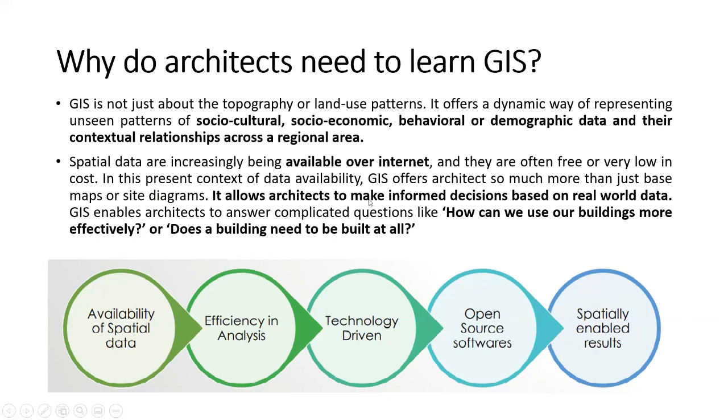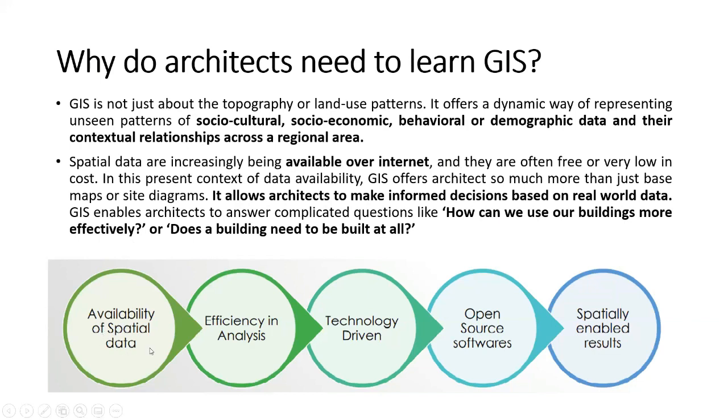It allows architects to make informed decisions based on real world data, and it also answers various complicated questions like how we should use a particular building, or even if that building is required to be built at that place or not. These kinds of complex questions and more can be answered with GIS.